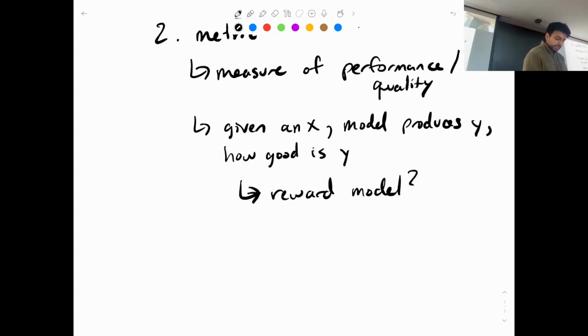And so a natural question is, why don't we just use our reward model that we obtained through all this effort, with all these human preference judgments and trying to mimic them? Why don't we just use our reward model to evaluate the responses in these various benchmarks? What are some issues with this that you can think about?